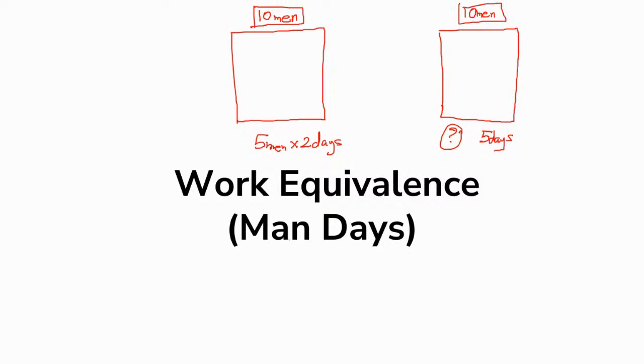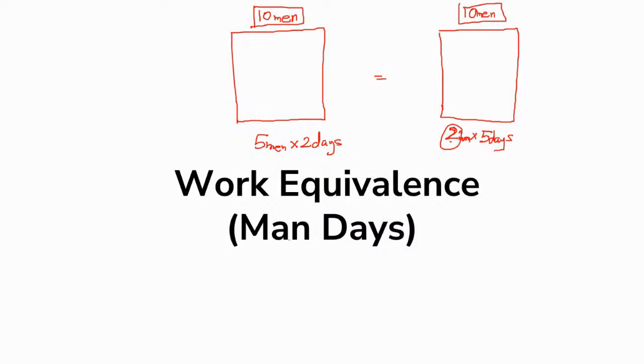So in such a case, if 5 days are there, what multiplied by 5 will give me 10? It is nothing but 2. So 2 men per day will give me 10 men's work, right?